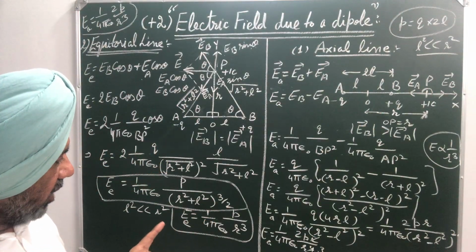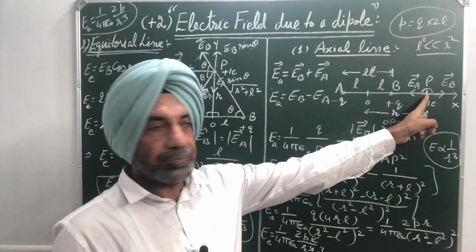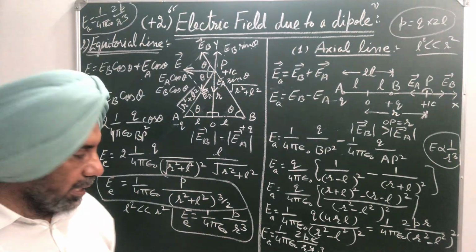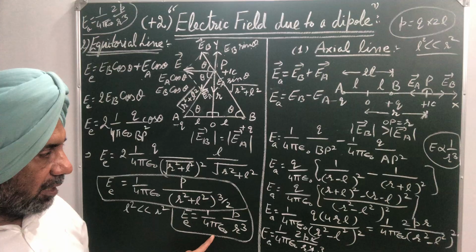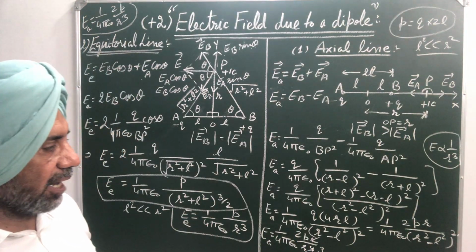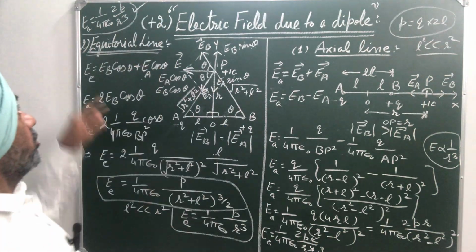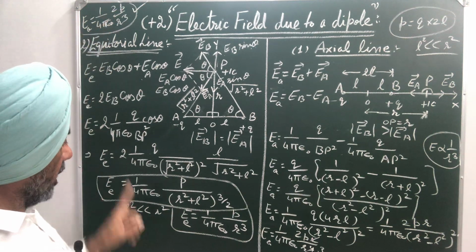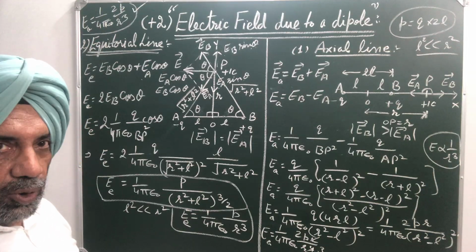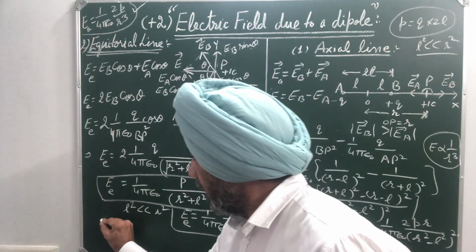But one thing we can notice, if R is the same, the electric field due to a dipole at a point on the equatorial line is half of the electric field due to a dipole at a point on the axial line. So it is 2p upon r cube on the axial line, and p upon r cube at a point on the equatorial line.